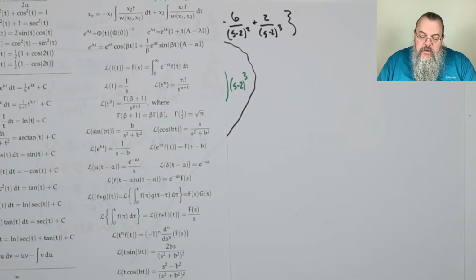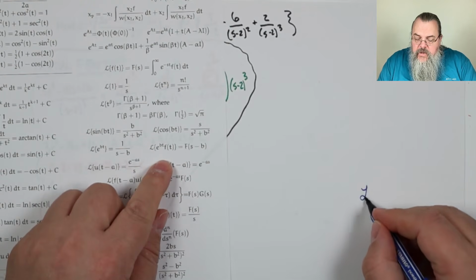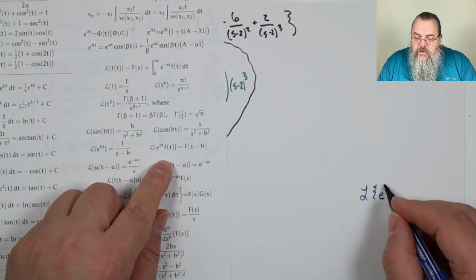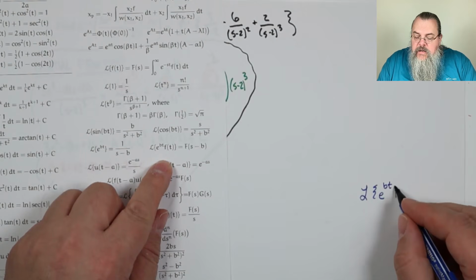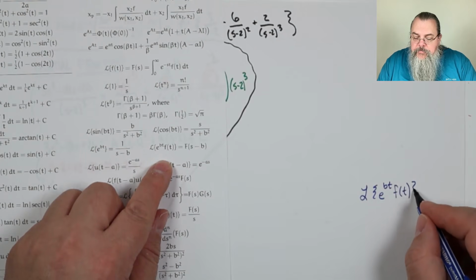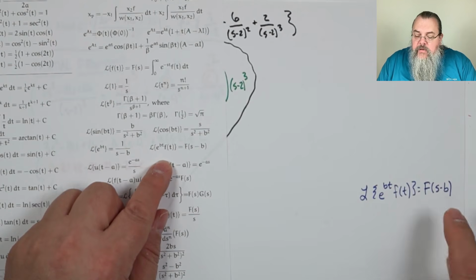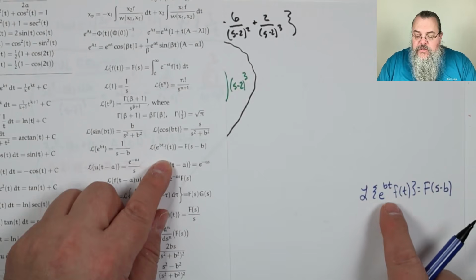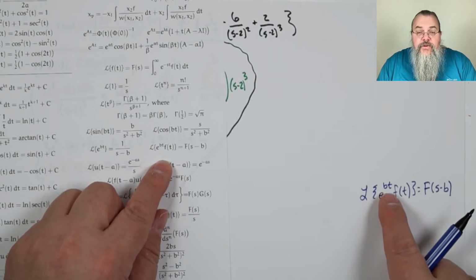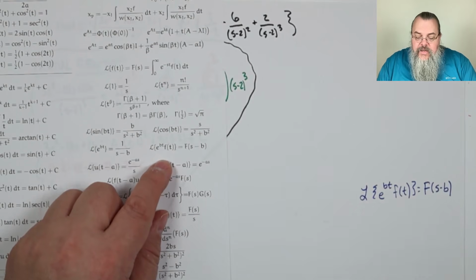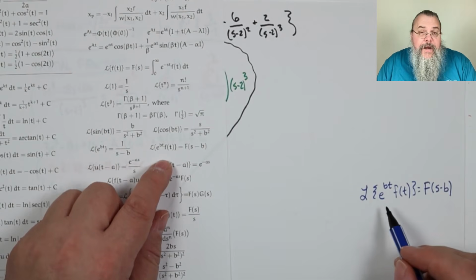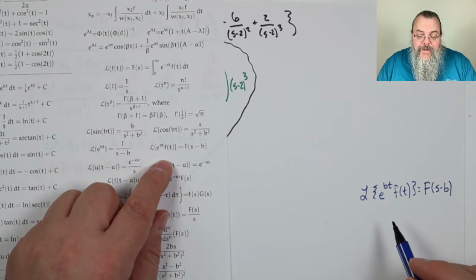It says the Laplace of e to the b t times f of t is F of s minus b. Here we have a shift of 2, so our terms are going to have an e to the 2t attached. So we're anticipating our answer should have e to the 2t's.